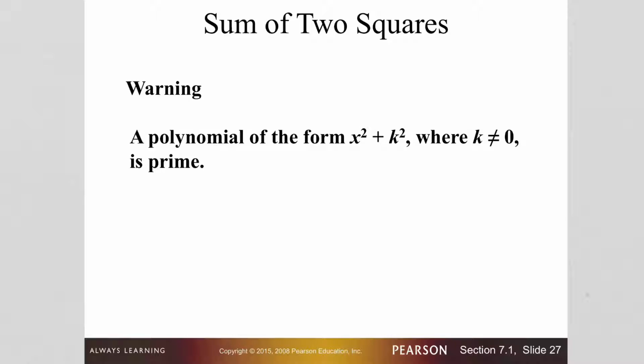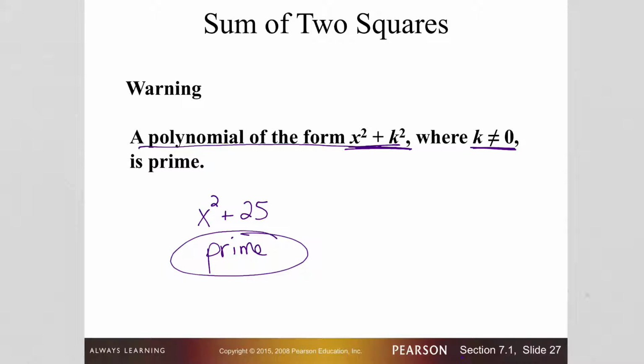Alright, so this is a good warning, and this is where people always mess up. A polynomial of the form x squared plus k squared, where k is not 0, is prime. So if you have x squared plus 25, this thing right here is prime. It's the minus that makes it a conjugate pair, or makes the factoring a conjugate pair.